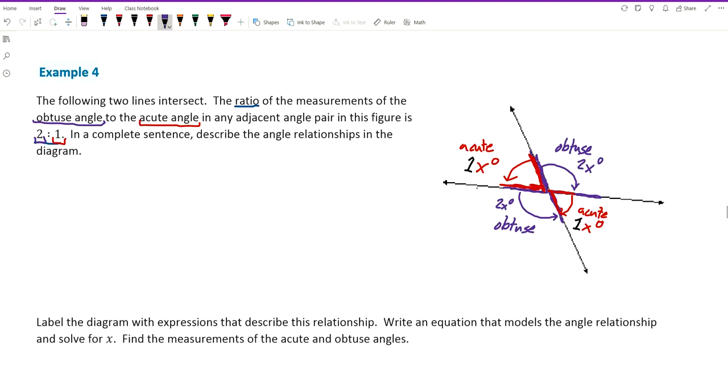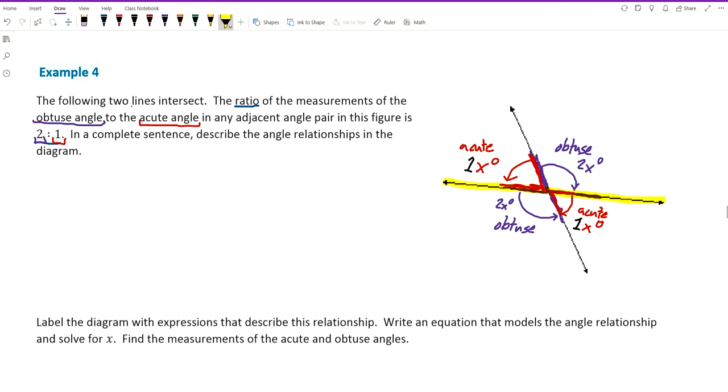Okay, so we kind of labeled up our diagram with our lines and our angles. Now we're going to actually get into describing the angle relationship. So let's do this. I'm going to put this in yellow. And there are several different ways you can go about this, but we're going to do this. Let's talk about this line right here. So this line is a straight line.